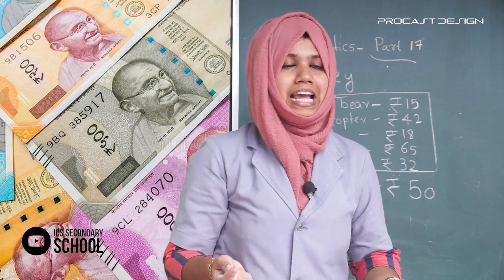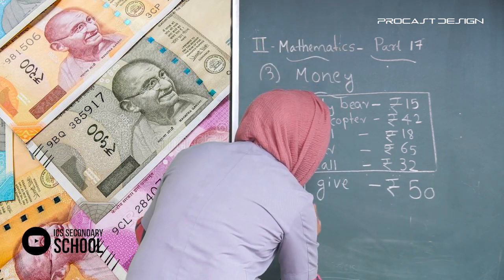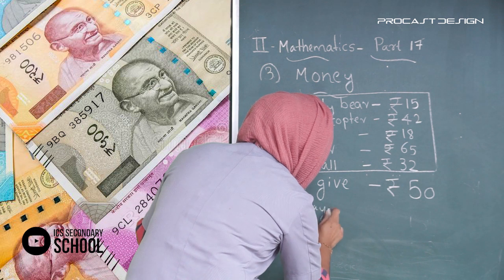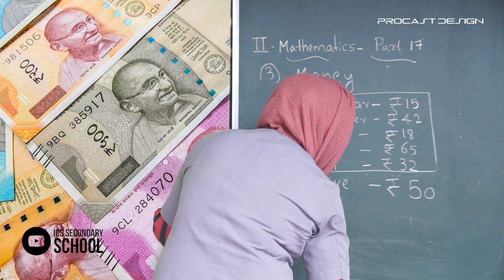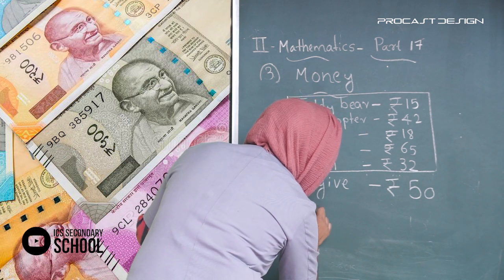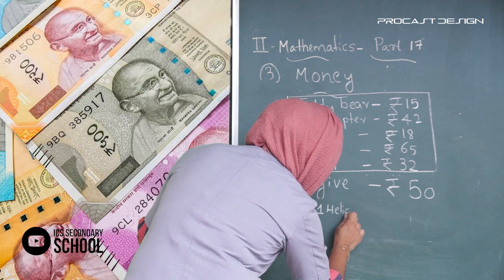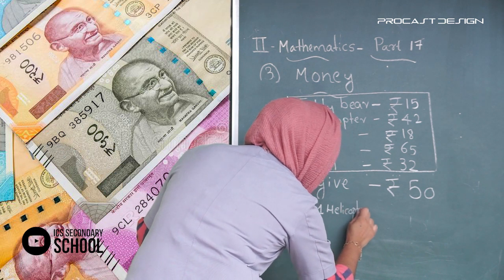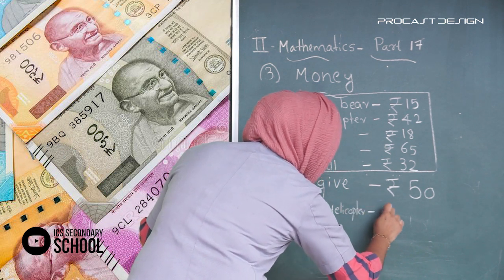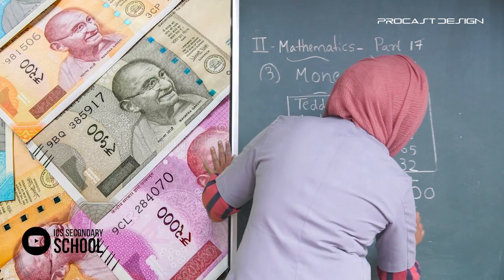I buy one helicopter. What is the price of the helicopter? It is 42.